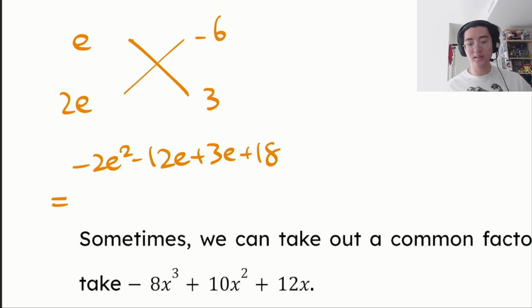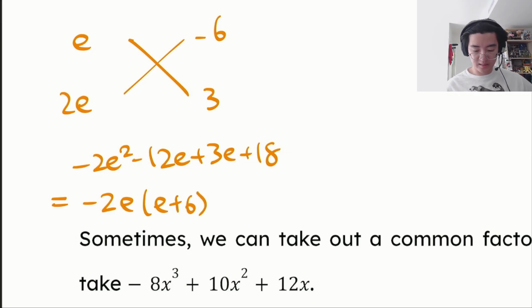Okay, and then from there, first part we can take out a negative 2e, get e plus 6, and then we take out a 3, oh, e plus 6.